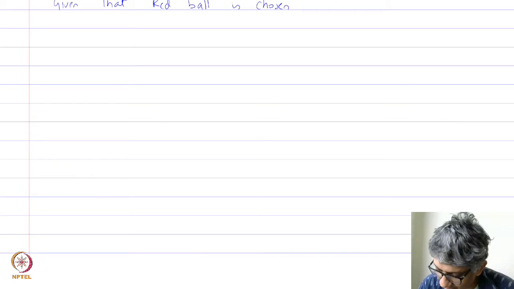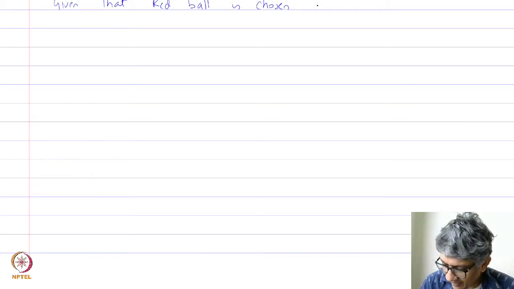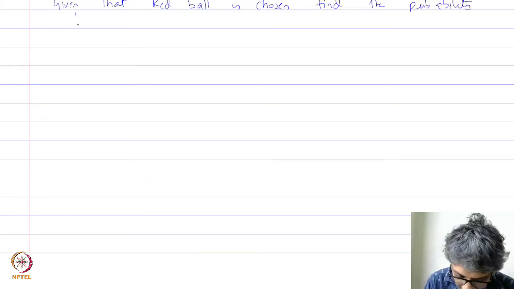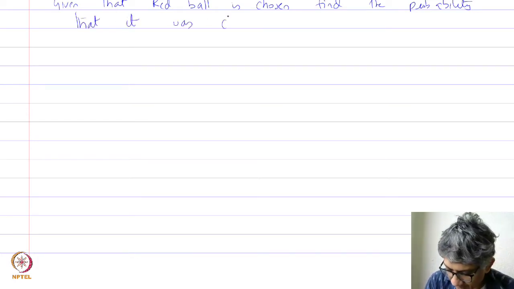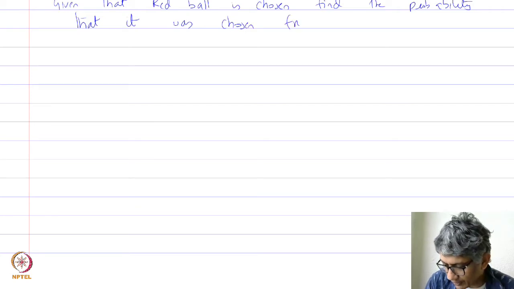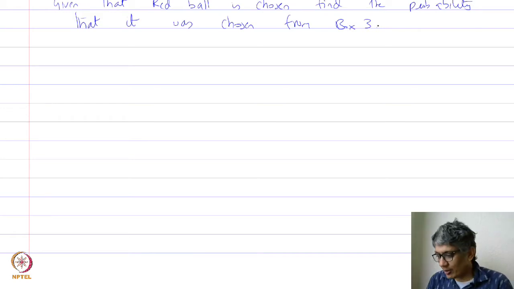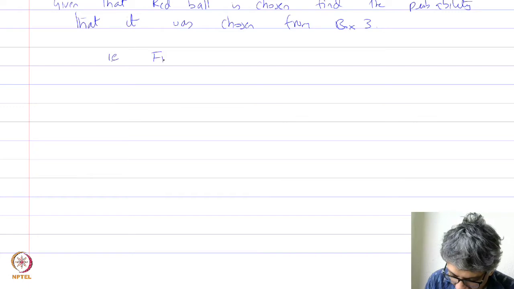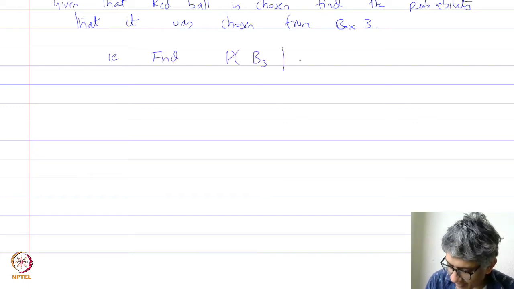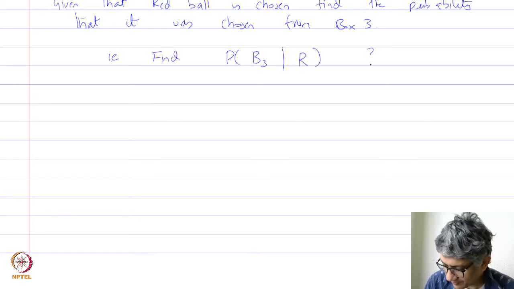So given the red ball is chosen, can we find the probability that it was chosen from box 3? In probability terms, you want to find the conditional probability of B3 given that a red ball was chosen.